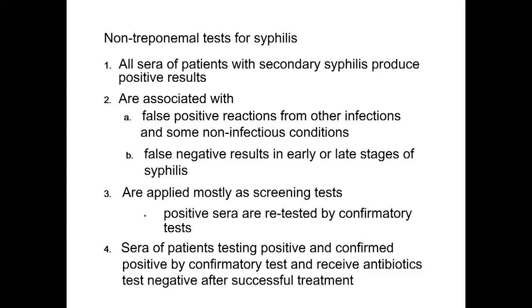Then there can also be false negative results. We said they become positive some days after the appearance of the ulcer. So if it is done early, before those days are over, it will be negative, although the patient has syphilis. So that would be a false negative result. And they can also be negative in a patient with late stages of syphilis.